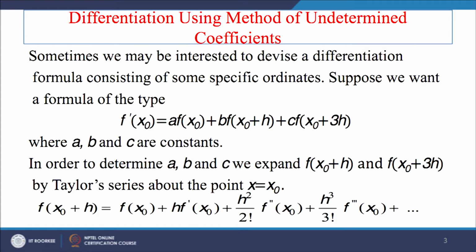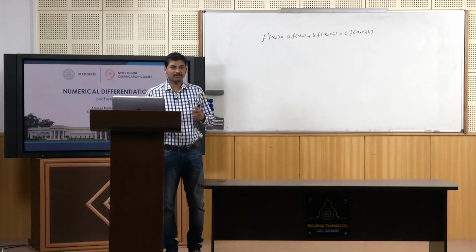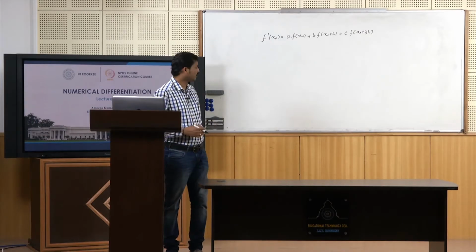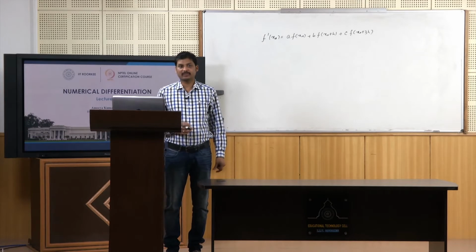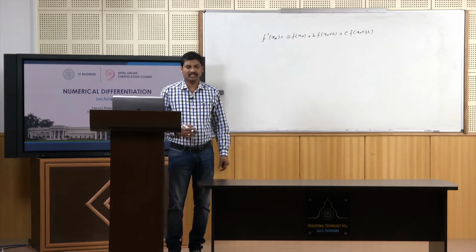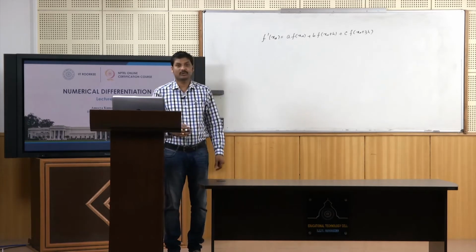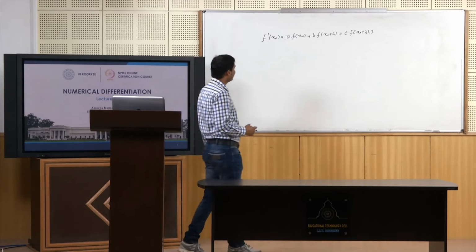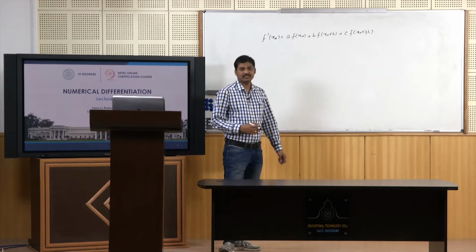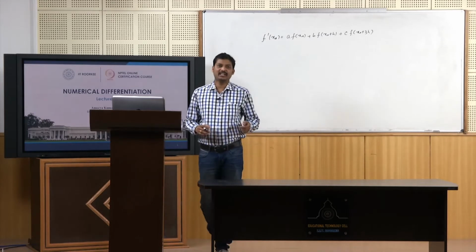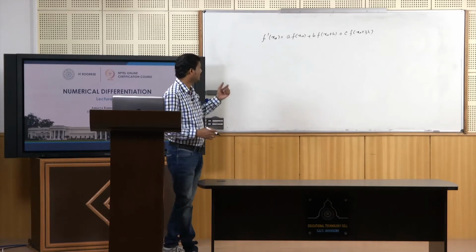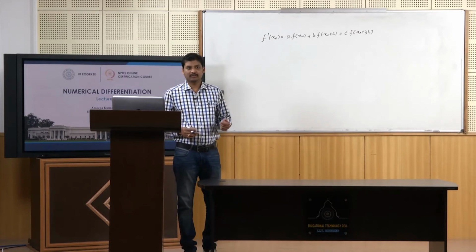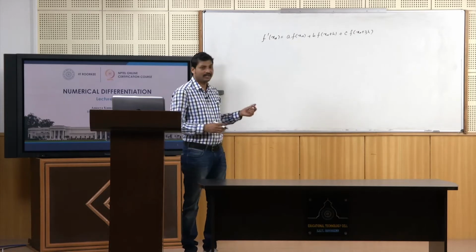Specifically, if we want to determine the coefficients a, b, c, we have to expand f of x 0 plus h and f of x 0 plus 3h by Taylor series expansion about the point x equals x 0. The basic idea is that sometimes the nodal points are defined and the functional values are given at those nodal points, so how can we evaluate the derivatives at that point?